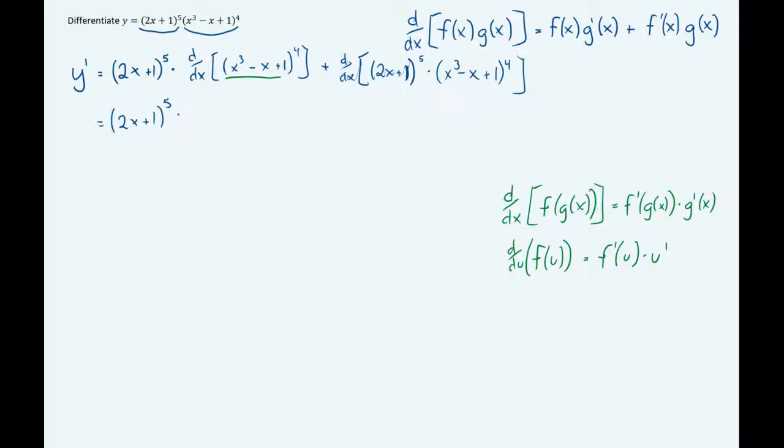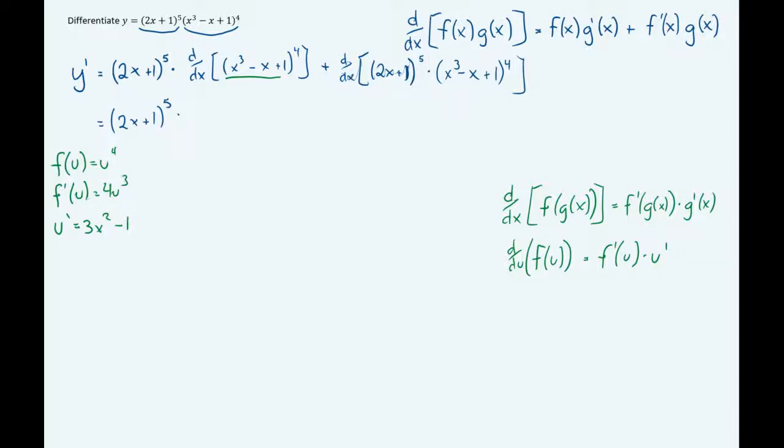So we have f of u equal to u to the 4th, which means f prime of u, using the power rule, is 4u cubed. And the derivative of the inside function, x cubed minus x plus 1, is 3x squared minus 1.